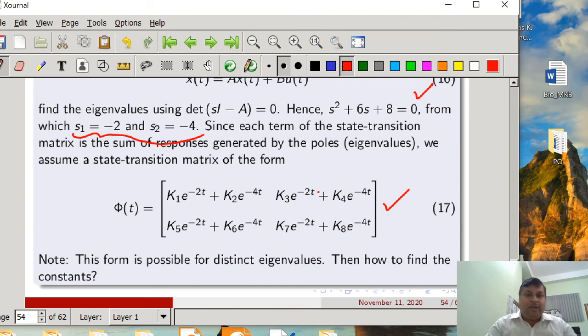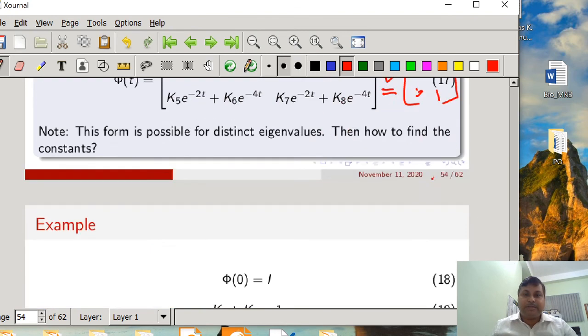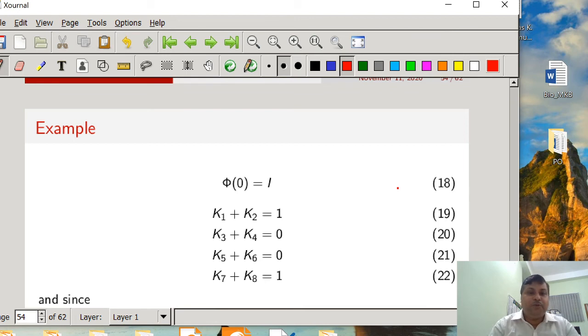We know that one of the properties is that phi of 0 is equal to the identity matrix. If we compute phi of 0 here and equate it to 1 0 0 1, we get 4 equations, which have been written here. So k1 plus k2 will be 1, k3 plus k4 will be 0, k5 plus k6 will be 0, and k7 plus k8 will be equal to 1.